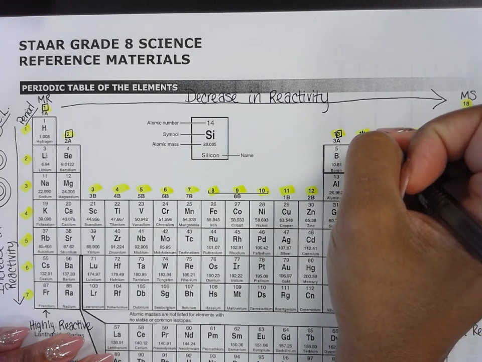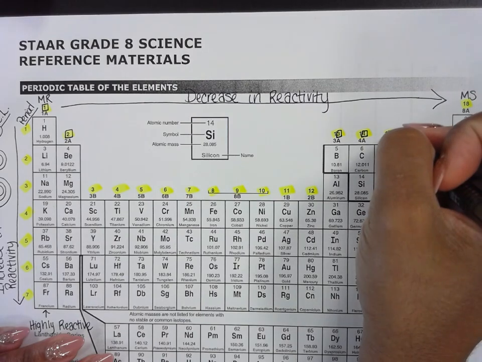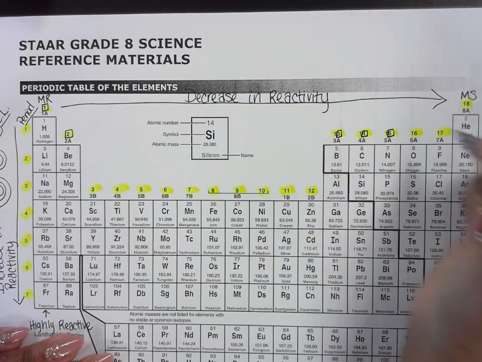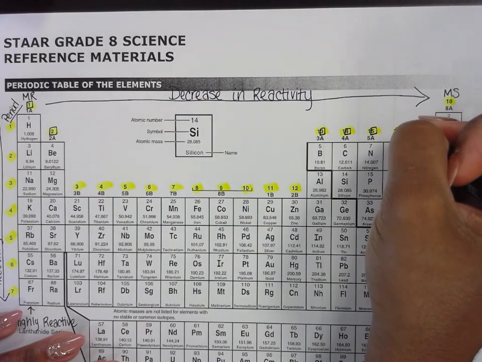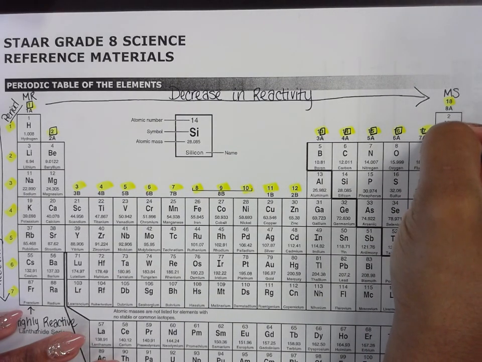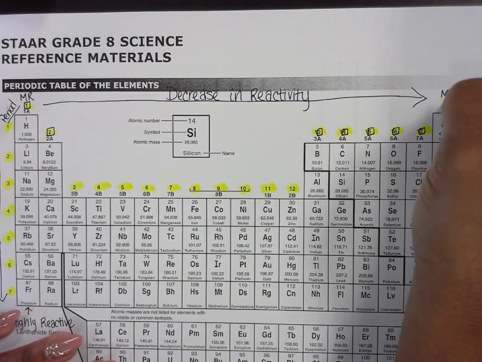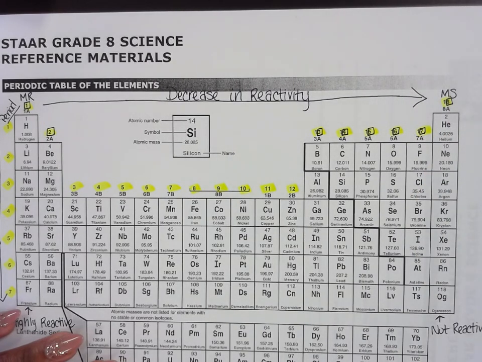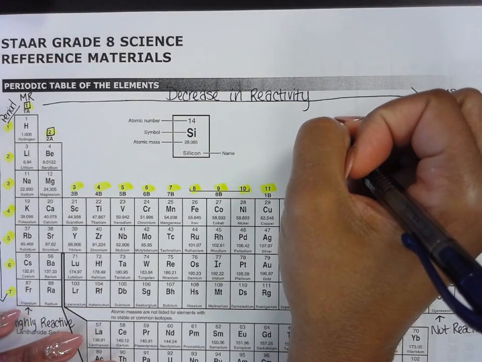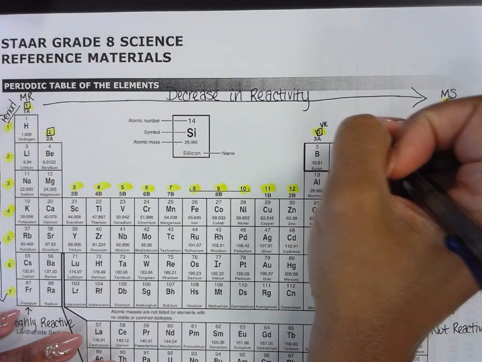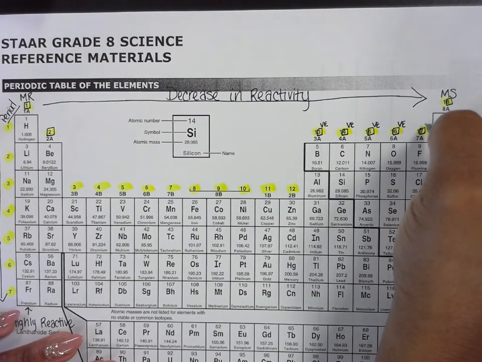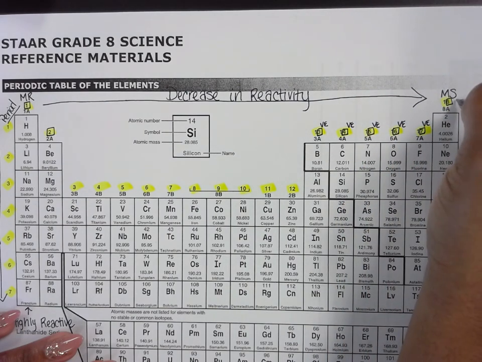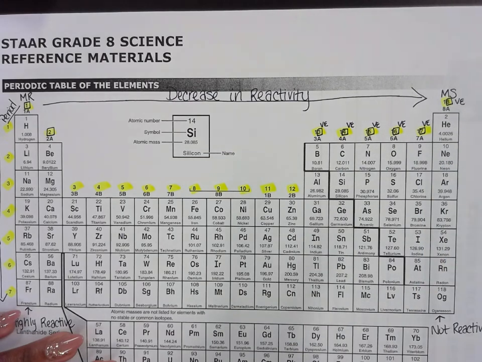Group 14, drop the 1, 4. Group 15, drop the 1, 5. Group 16, drop the 1, 6. Group 17, drop the 1, 7. Group 18, drop the 1, 8. These are my valence electrons, so you can write VE just in case you need a reminder. Remember, we're dumping, okay?